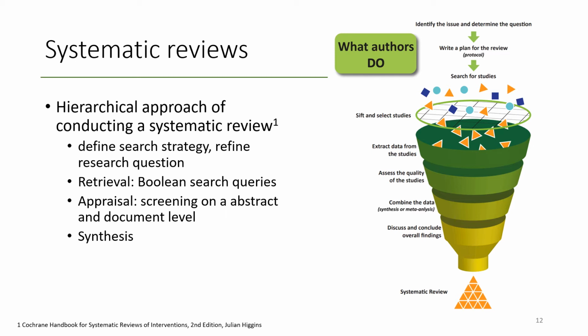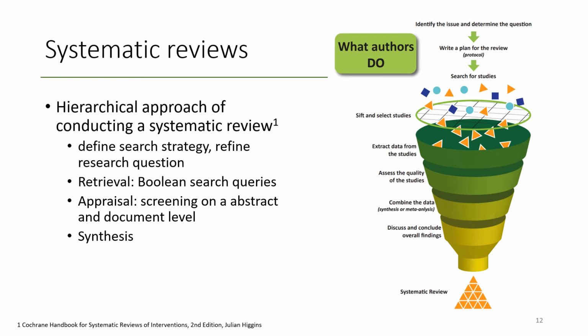This is how they, in the first step, select the studies, and then in the second step, the appraisal, they first screen all the abstracts and titles of those studies and determine what's relevant there.